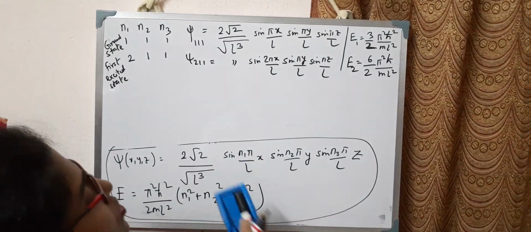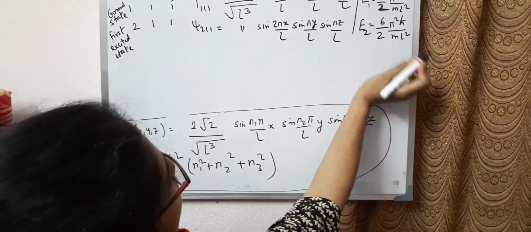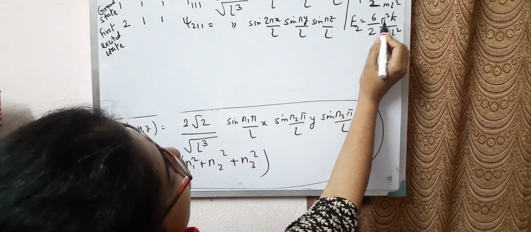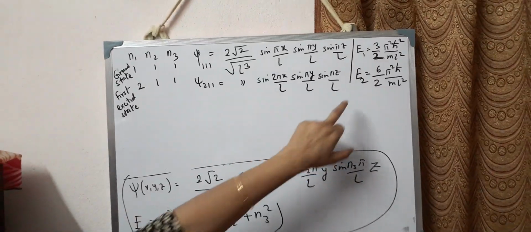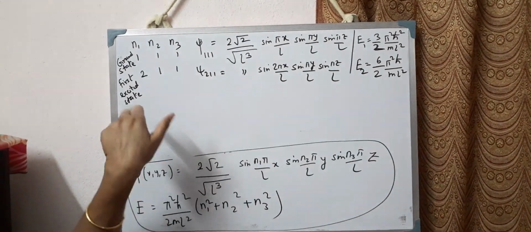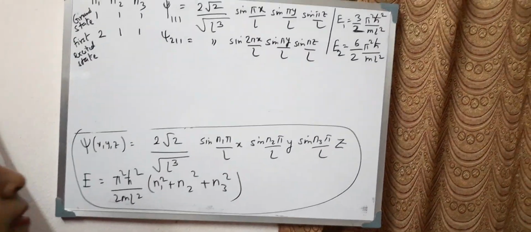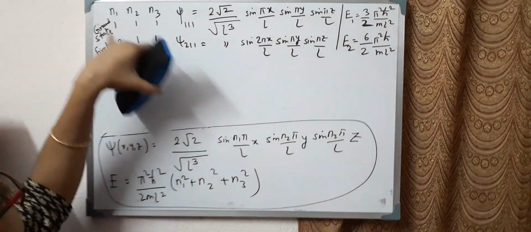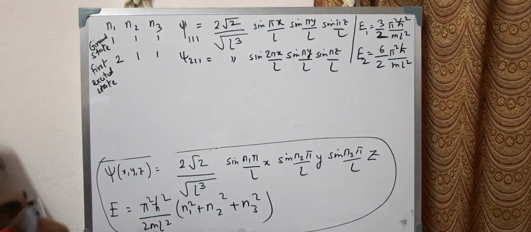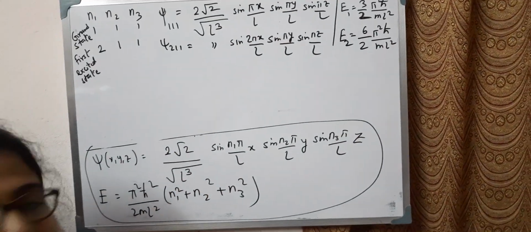So E2 here will be 6 by 2 pi square h cut square by m L square. So I get a value of the energy for these combinations of N1, N2, N3. But there can be other combinations of these quantum numbers N1, N2, N3 for which we will get the same value of the energy.